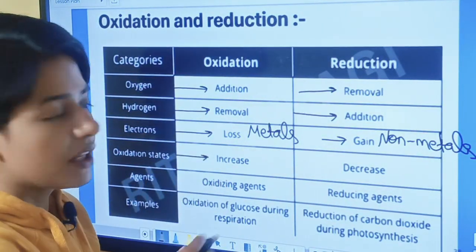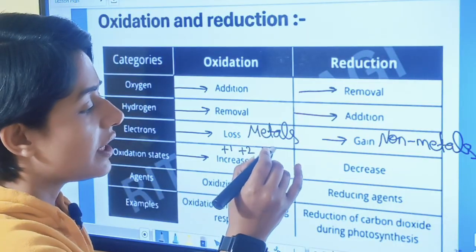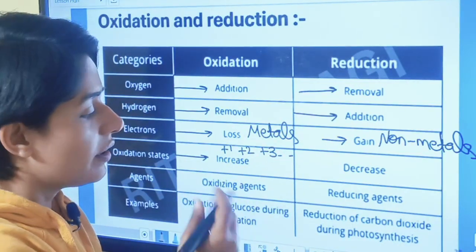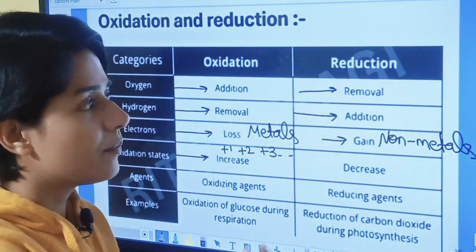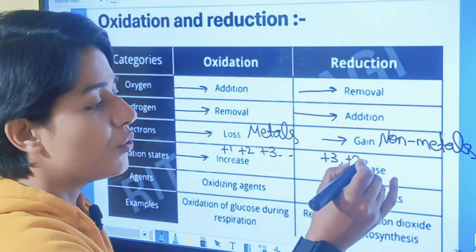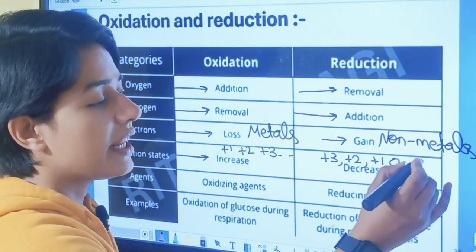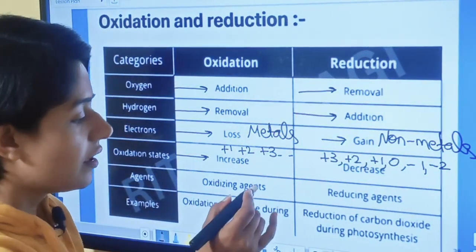Oxidation state: if the oxidation state increases, +1, +2, +3, and so on, then it is oxidation. But when the oxidation state decreases, that is +3, +2, +1, 0, and then negative also, it is reduction.